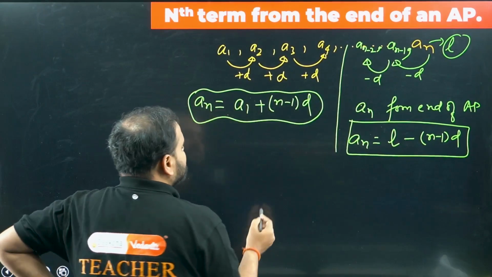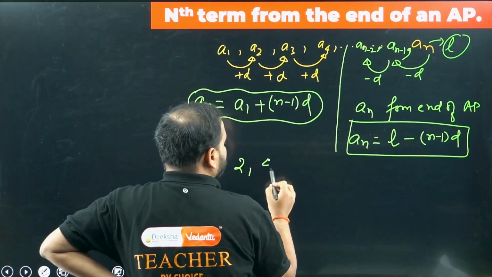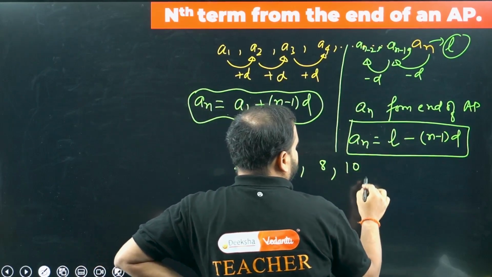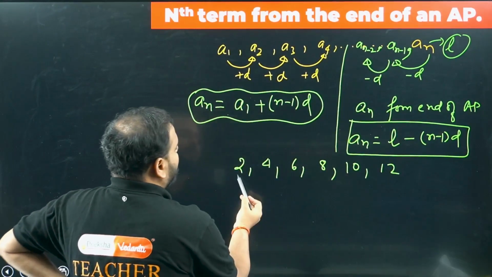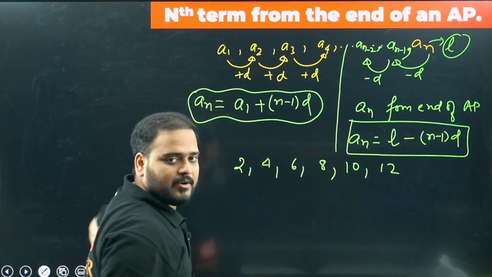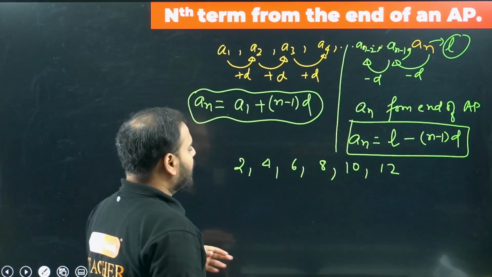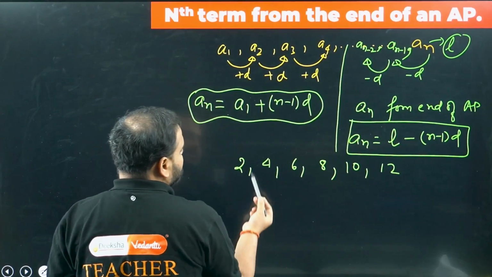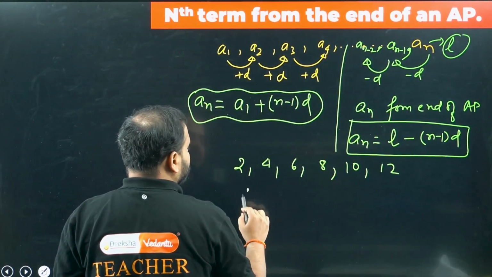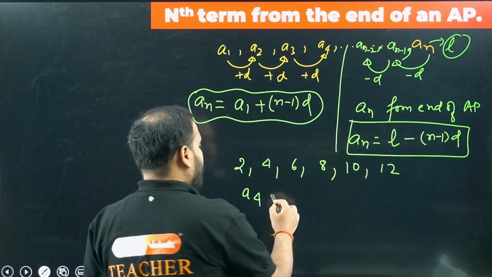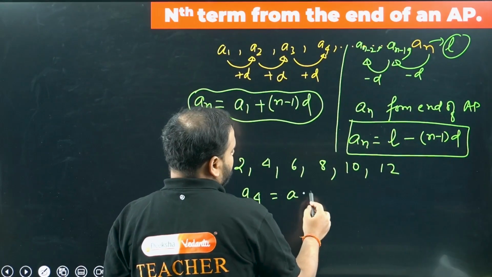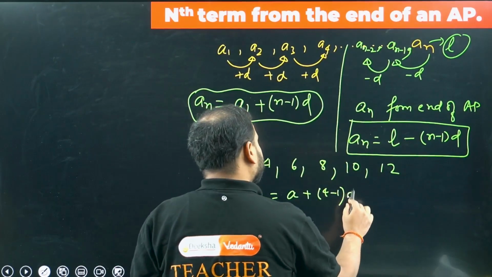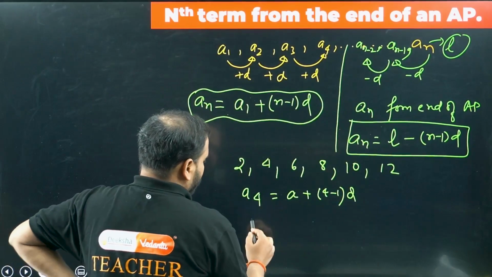I can show you with an example. Please have a look: 2, 4, 6, 8, 10, 12. Please check, 1, 2, 3, 4, 5, 6 terms are there. Now if I'm asking you to find the fourth term from the beginning, which term is that? Second, third, fourth. How will you solve it? A4 equals A plus 4 minus 1 times D. What are you going to get?